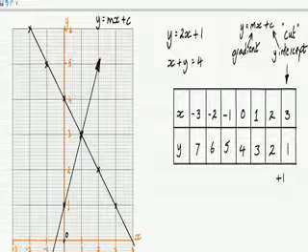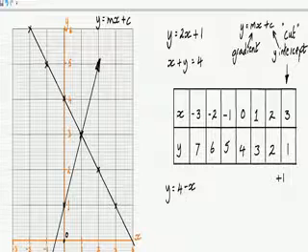Now what I'm going to do with this is put it in the form of y equals mx plus c. So the x is going over the other side. So we will get y equals 4 minus x. All I've done is move the x over so that I get y equals something.